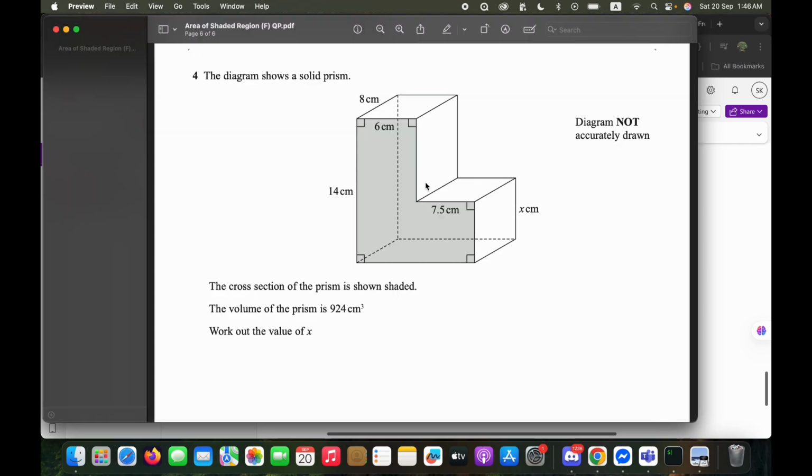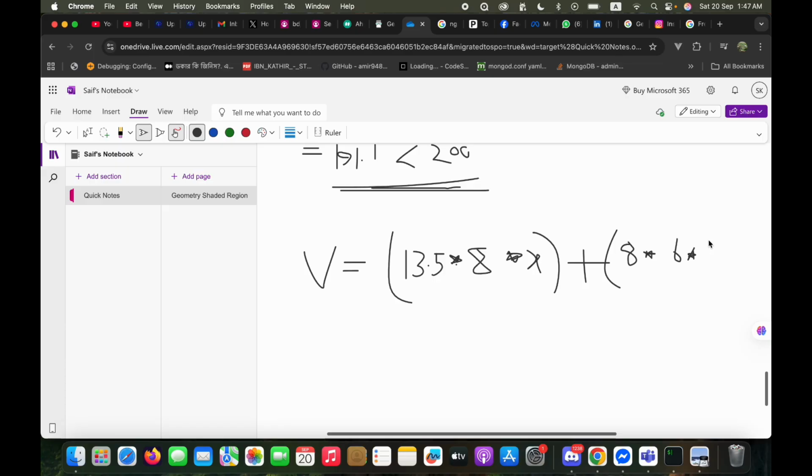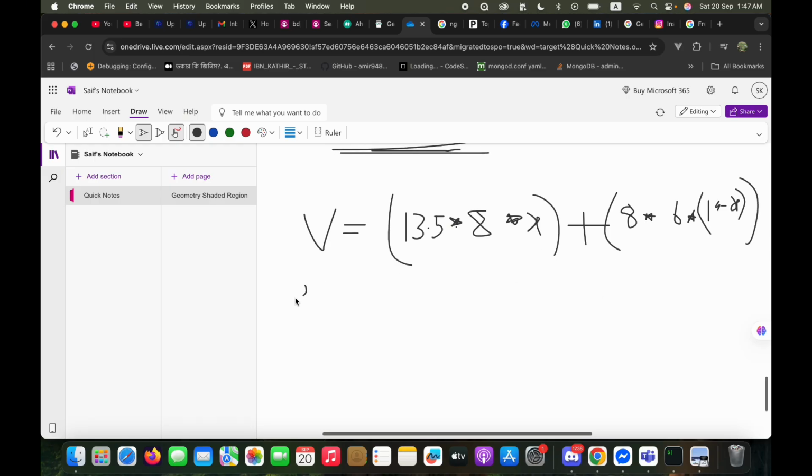The entire height is 14, and this portion is x. So this height is 14 minus x, let's just give a bracket, 14 minus x.